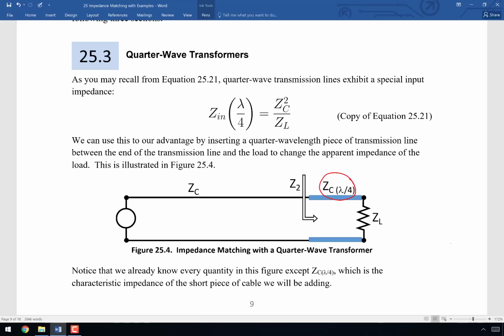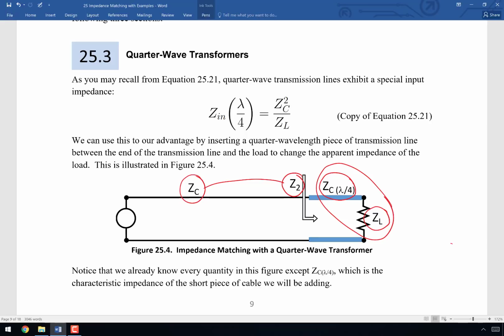We know what Z sub L is, and we know what Z sub C is, and ultimately our goal is that whatever Z sub 2 is, Z sub 2 needs to match Z sub C. Z sub 2 is the combination of that little quarter wavelength transformer, terminated in the load impedance. So the combination of these two needs to match the characteristic impedance of the line.